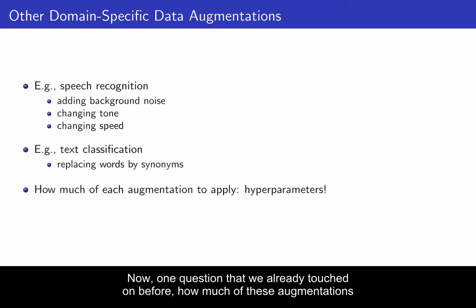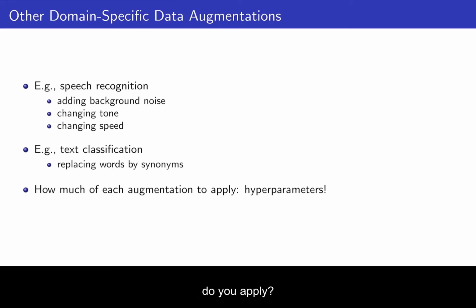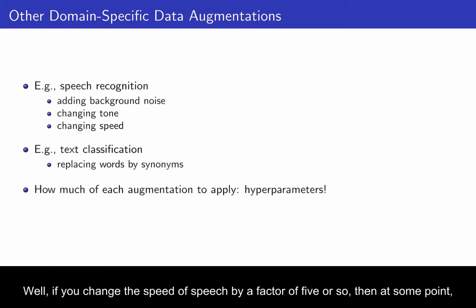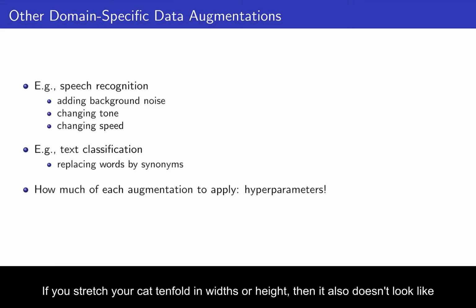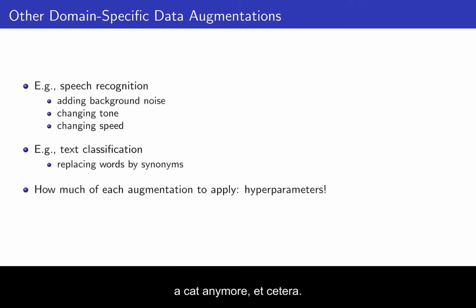Now, one question that we already touched on before: how much of these augmentations do you apply? Well, if you change the speed of speech by a factor of 5 or so, then at some point you probably don't want to be invariant to this anymore. It doesn't sound like the same utterance anymore. If you stretch your cat tenfold in width or height, then it also doesn't look like a cat anymore.